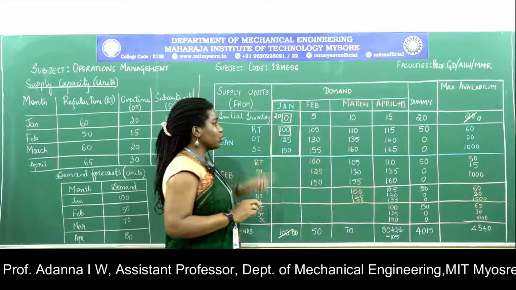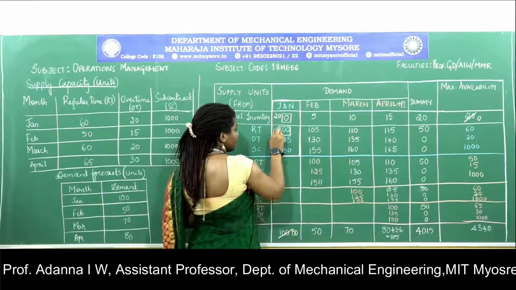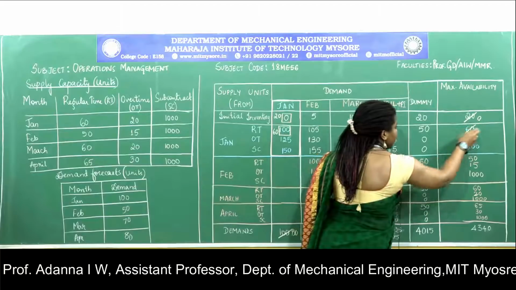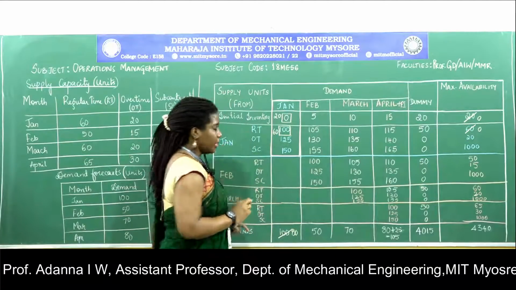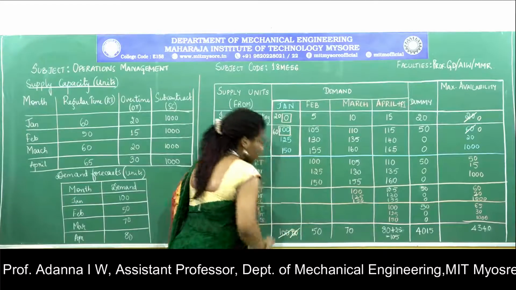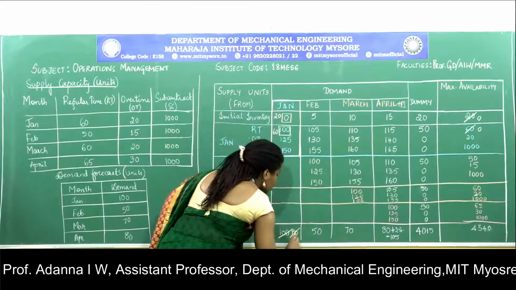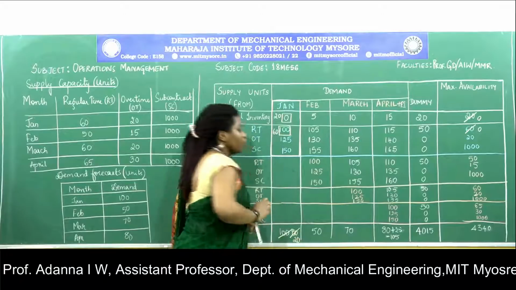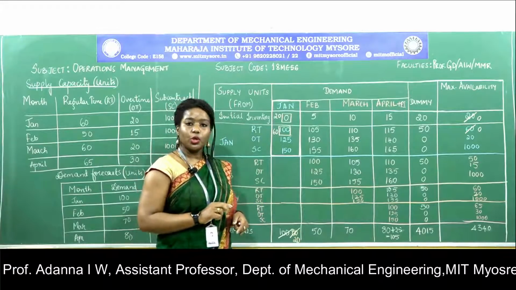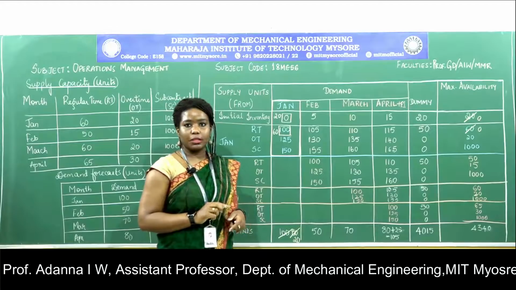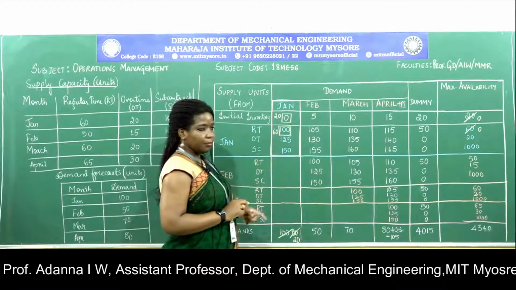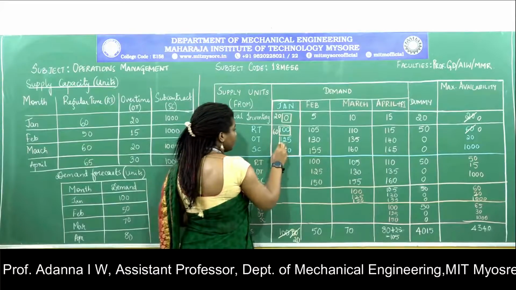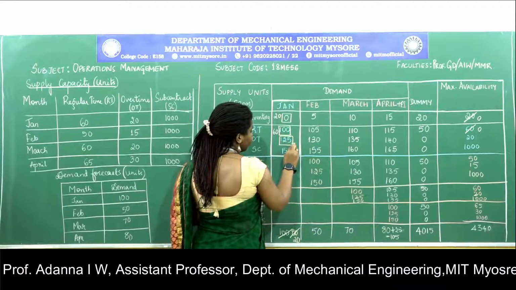So all the 60 units we can allocate here, exhausting this supply of regular time for the month of January, and fulfilling 60 of the 80 units, leaving us with 20 more units to be fulfilled in the month of January. The next is 125. So we put a box around 125.